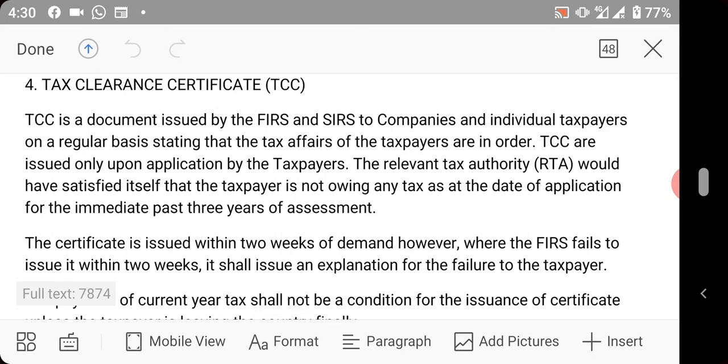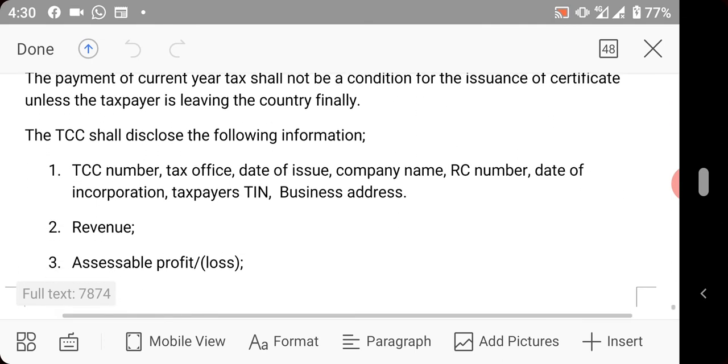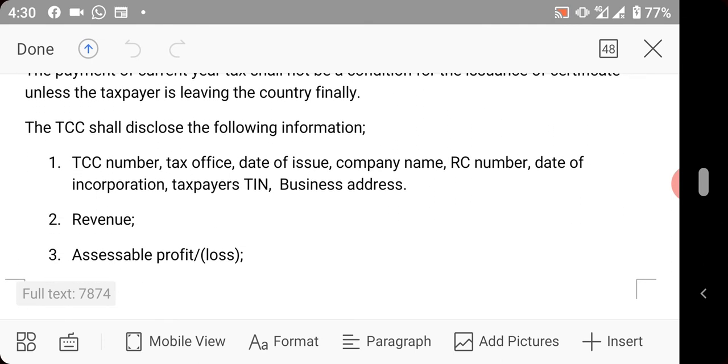So that is the tax clearance certificate. There are conditions upon which you will be issued a tax clearance certificate. One is you are not owing tax. Two is you don't have any tax outstanding, and also you have been cleared that you don't have any tax.